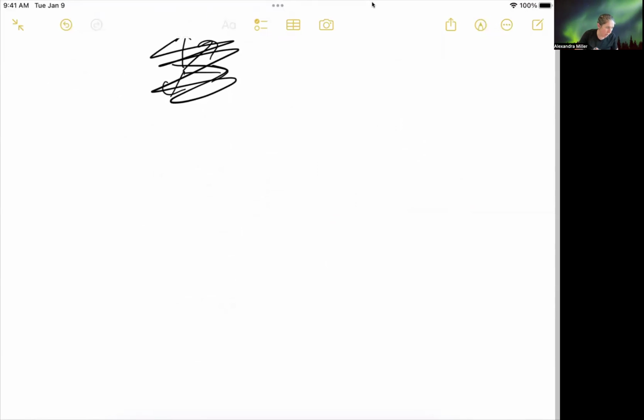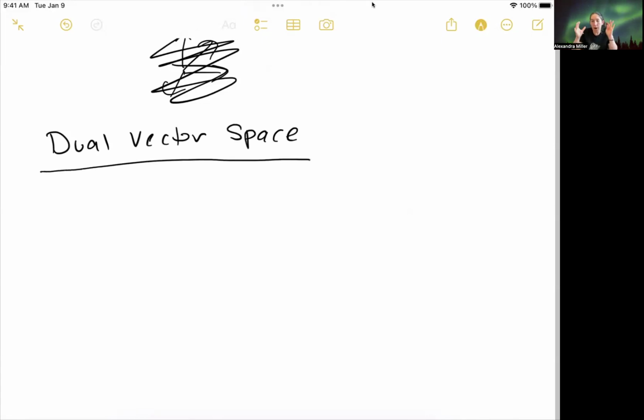Okay, so again, all of this is going to be unpacked. I'm just trying to give a basic overview. Another thing that we're going to need: I said the Hilbert space is a vector space with the ability to compute something called an inner product. In order to do that, we're going to need to define what is known as a dual vector space. So for our Hilbert space, we'll have a dual Hilbert space, where for every vector in your Hilbert space there's going to be some dual vector.